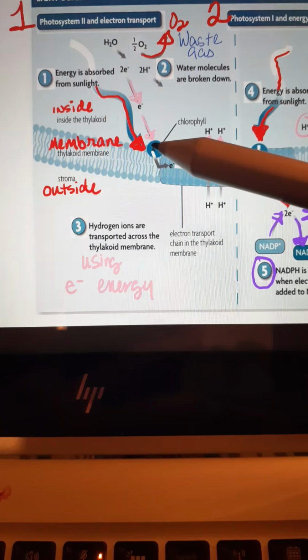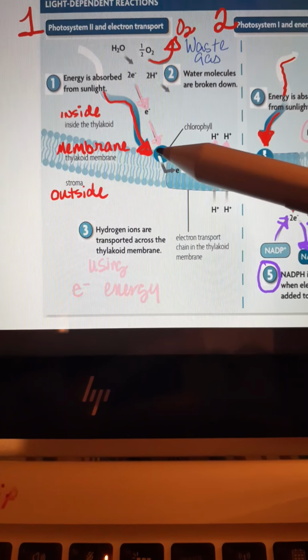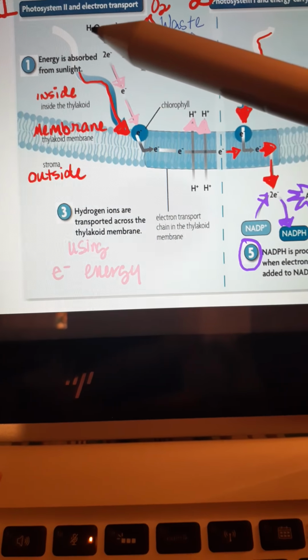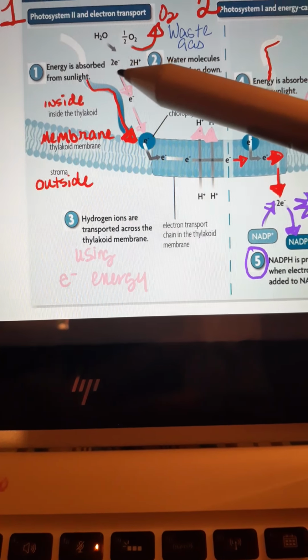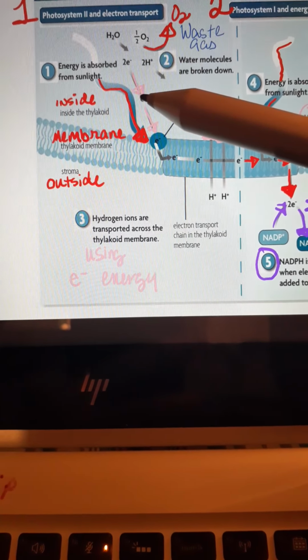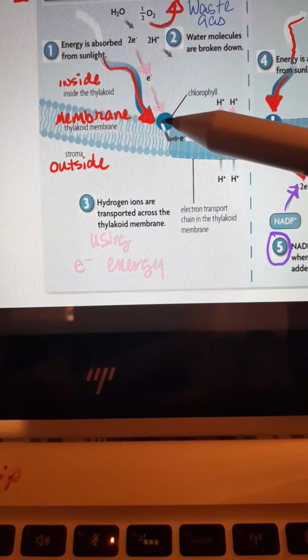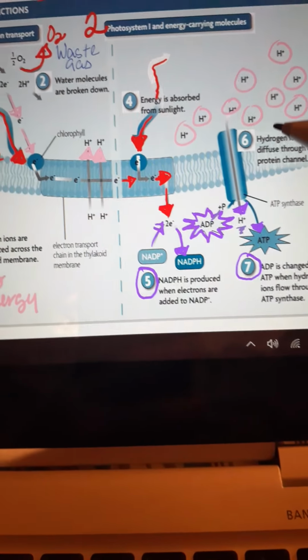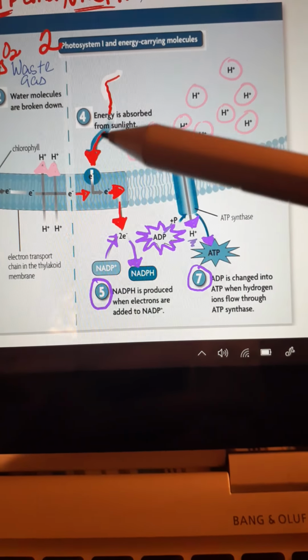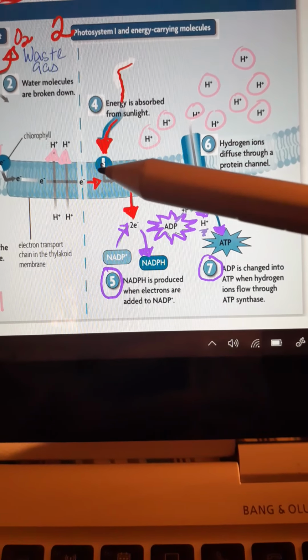The electrons that got excited and left photosystem 2 are going to be replaced by the electrons from the hydrogen atom that gets broken into hydrogen ions and electrons. So those electrons are going to come in here. Now, in photosystem 1, light energy is also going to be hitting the pigment cluster.